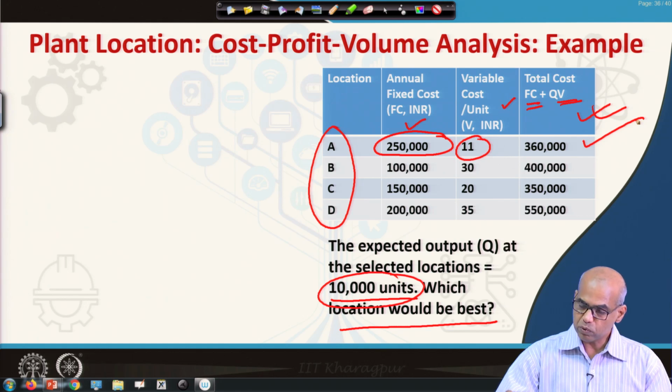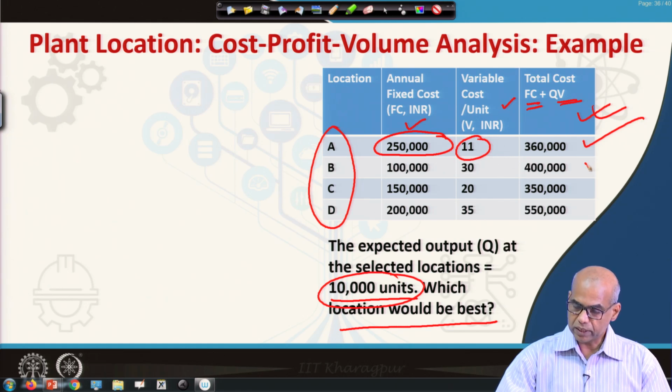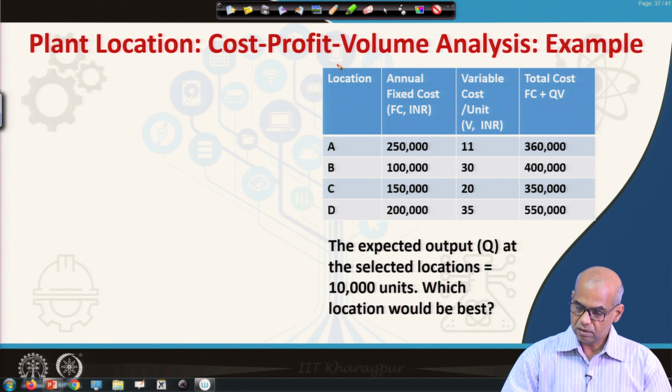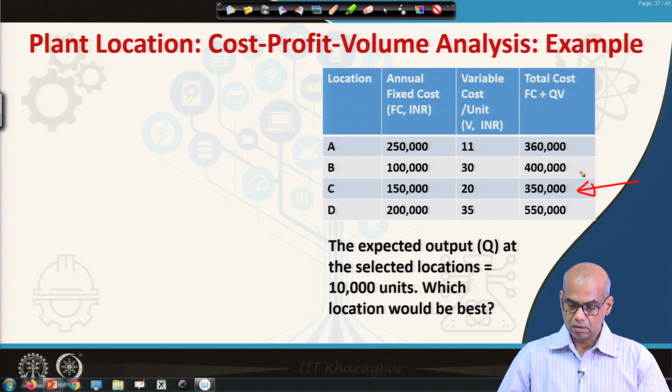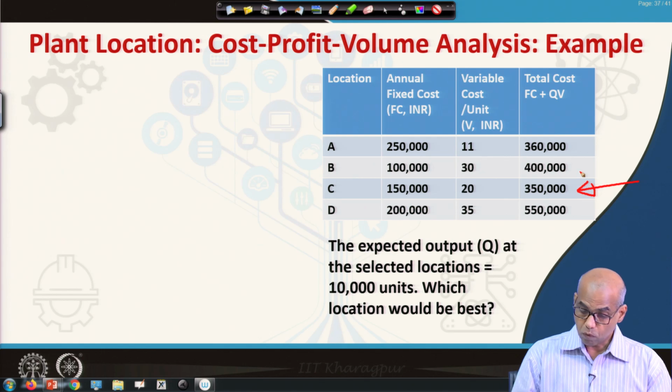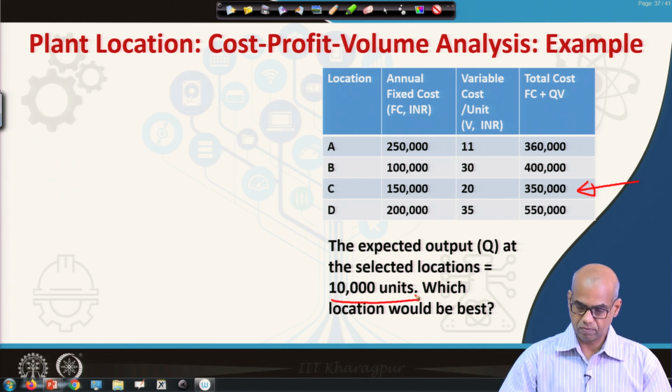So, this way you compute for all locations A, B, C and D. In this particular case, you see that the lowest cost corresponds to location C. So, location C will be the preferred choice for 10,000 units.